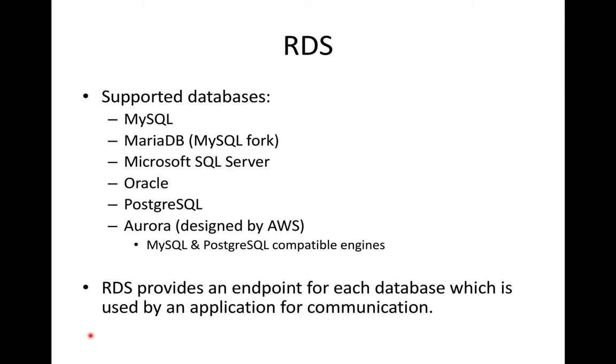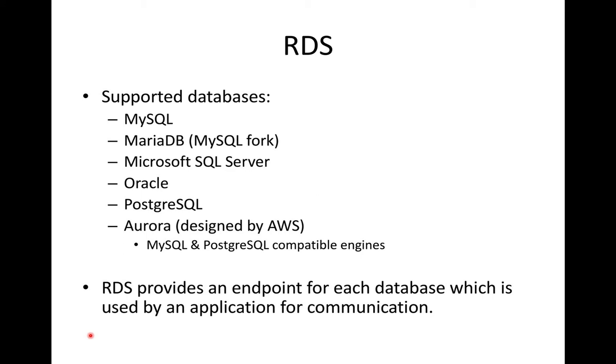This is a platform that was designed by AWS, and it offers both MySQL and Postgres compatible engines. I'll share with you a little bit later why Aurora is interesting and what sets it apart from your standard MySQL Postgres implementation.